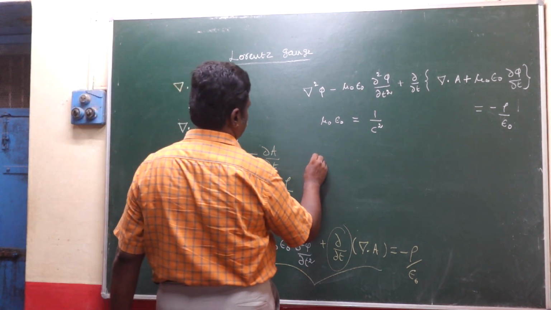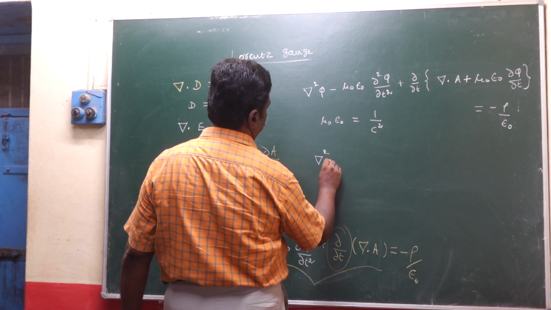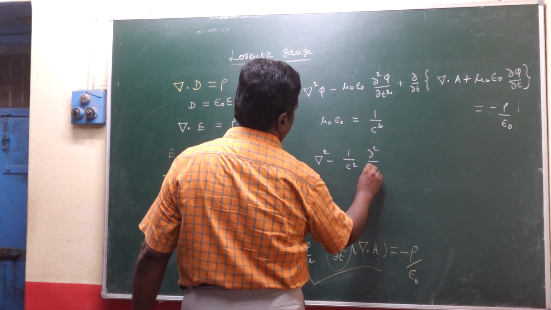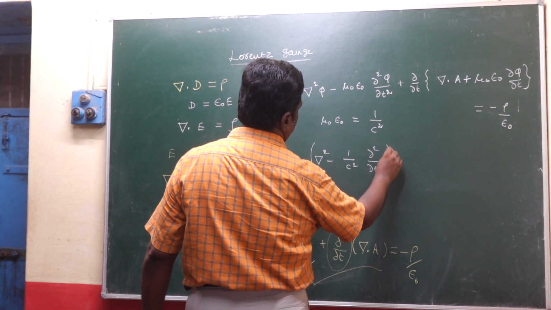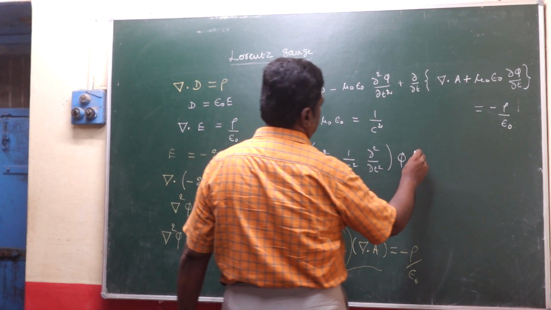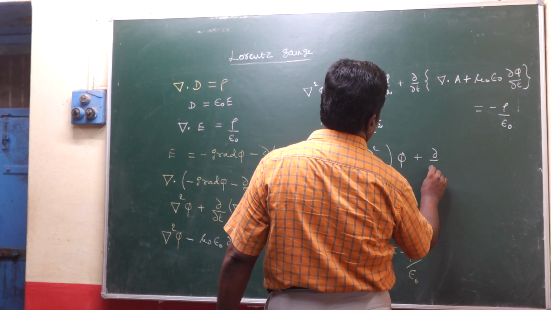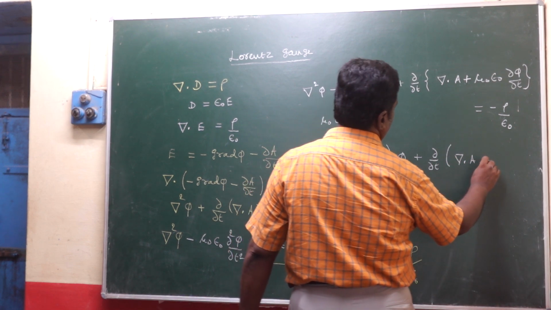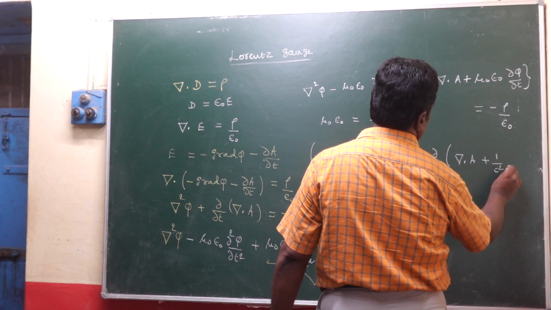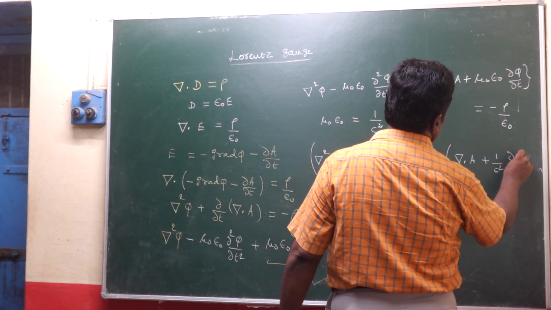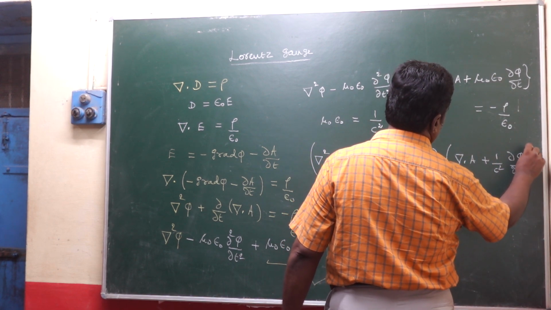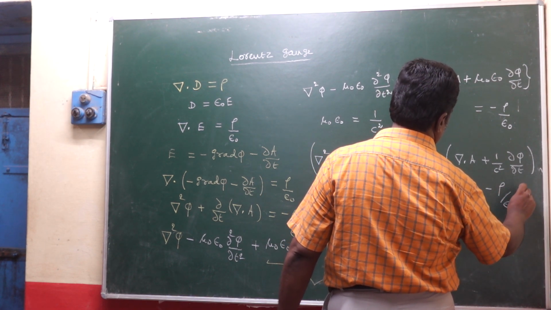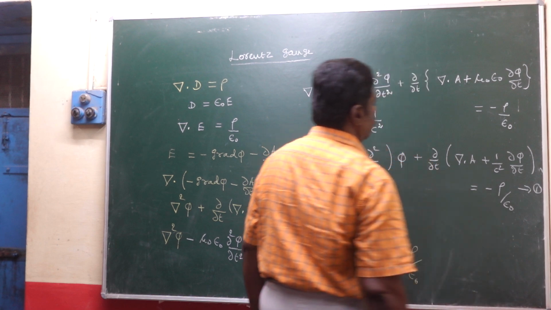Therefore, the above equation is modified as del square minus 1 by c square dou square by dou t square into phi plus dou by dou t of del dot A plus 1 by c square dou phi by dou t, which is equal to minus rho by epsilon naught. This is equation 1.